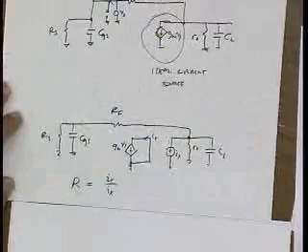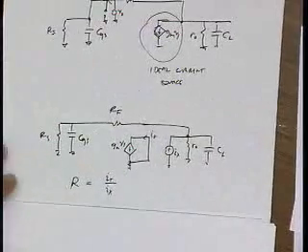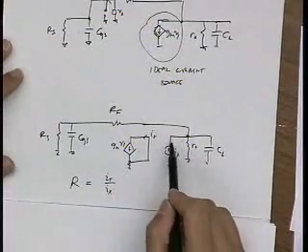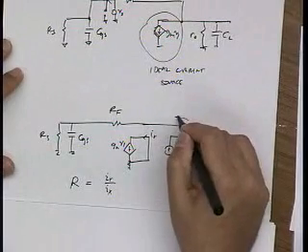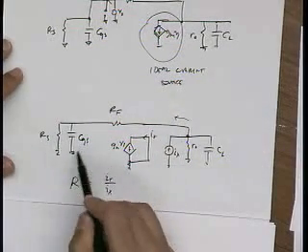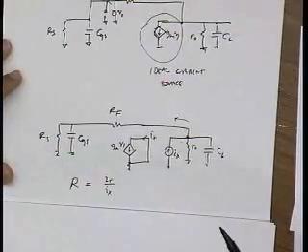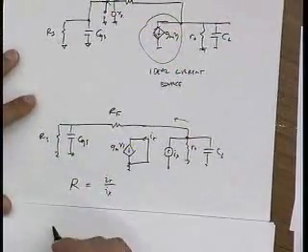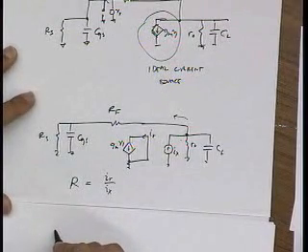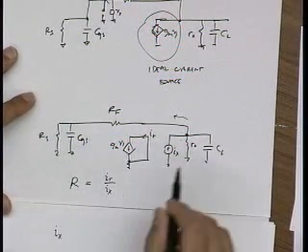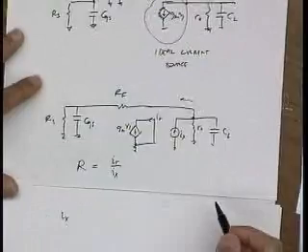All right, so let's calculate that. What I need to do is calculate how much current, first of all, flows in this branch, and then just multiply it by this impedance, and then multiply by GM. So that's not too bad. What I want to calculate is IX times this current divider.